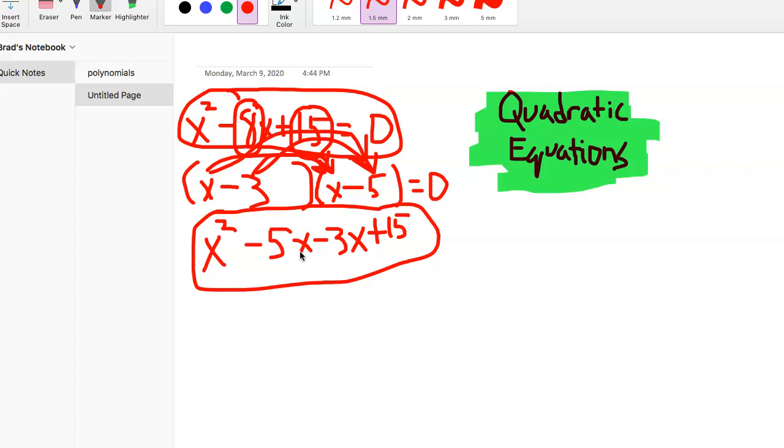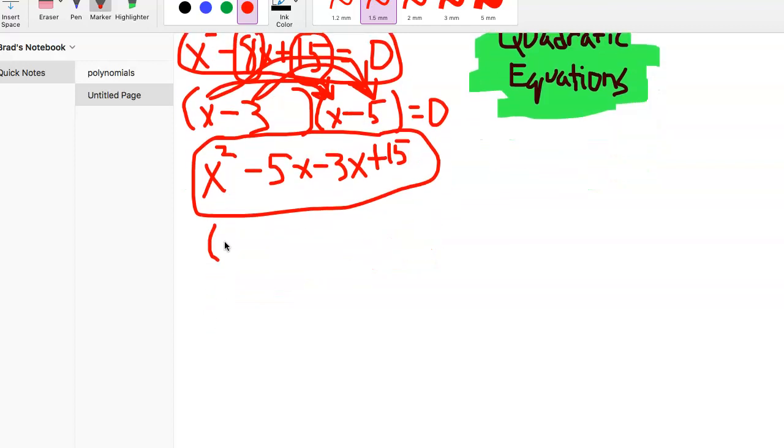Now we still need to find an answer. So, just to write it again, because I got arrows and stuff all over the place, I've got x minus 3, x minus 5 equals 0. We've done it right so far.